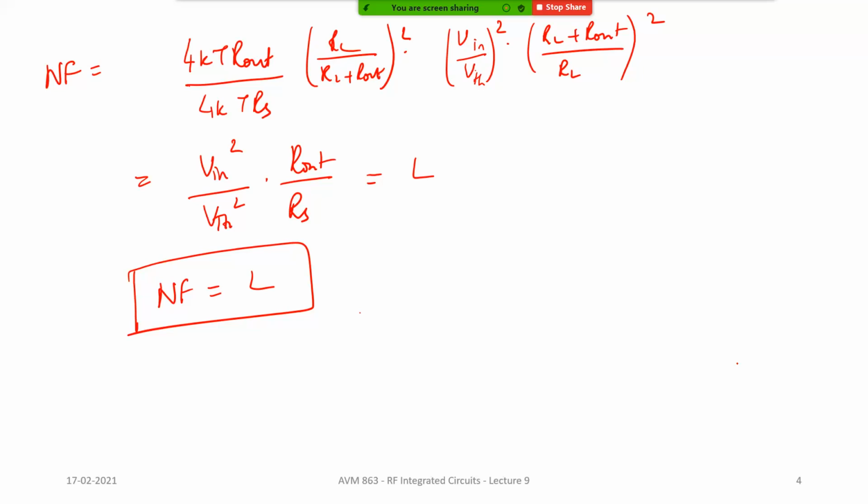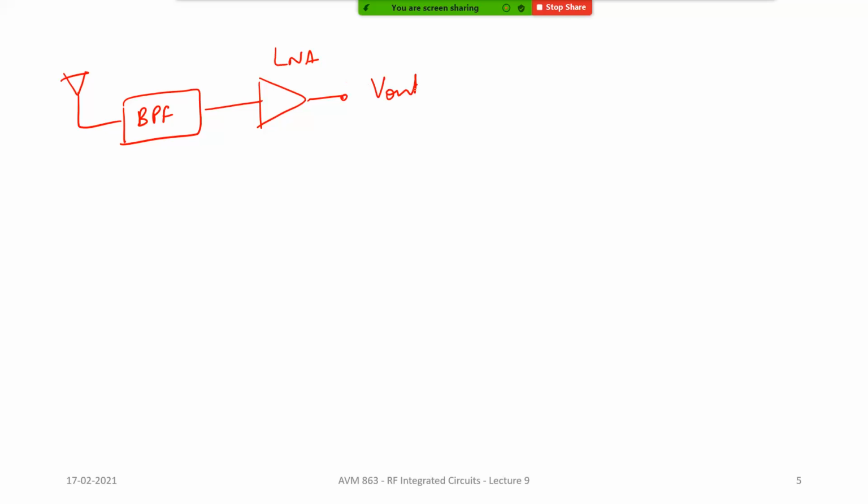So now let's take an example and calculate it. Please pull up your calculator. Let's say this is an antenna, you have a bandpass filter, and then you have an LNA, and this is the output. First, give an expression for the NF total.